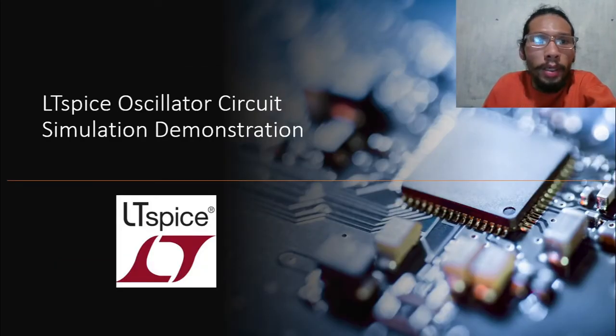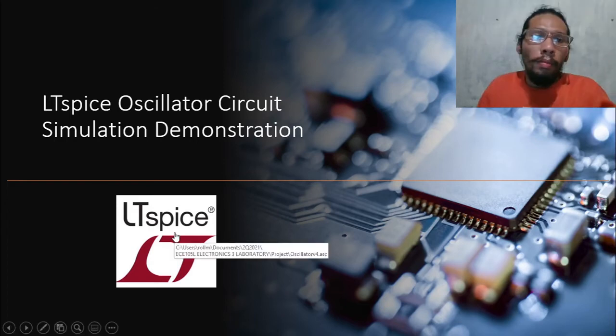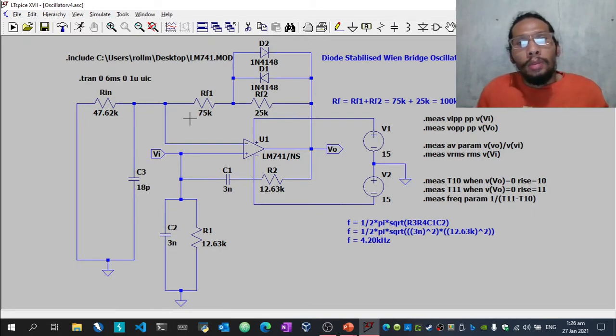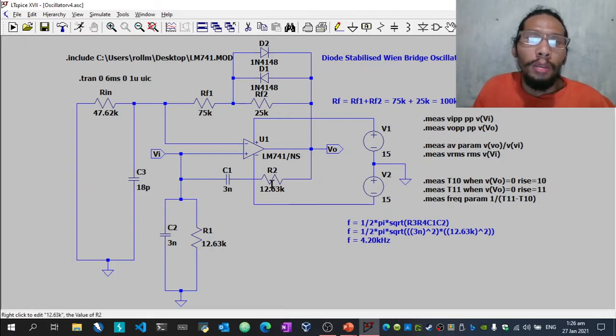Lastly is the LTspice oscillator circuit simulation. You can see on the screen the oscillator circuit design or schematic diagram on the LTspice, and you can see the RC phase shift network on the bottom part of the oscillator circuit schematic diagram, which consists of C1 and C2 and R1 and R2.